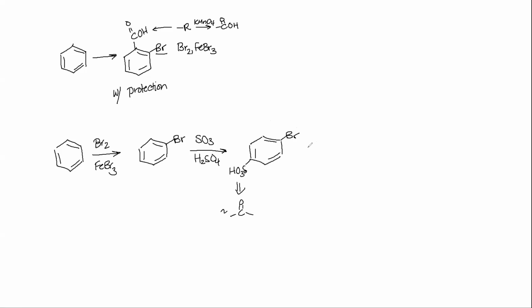So then we could go ahead and add any alkyl group, or you can just say RCl. For the sake of argument, I usually like to use a methyl group. The methyl group is going to be directed by the bromine to the ortho and para positions, but of course we blocked the para position.